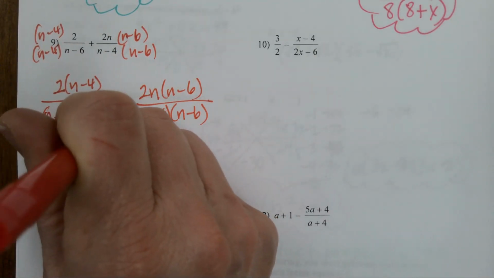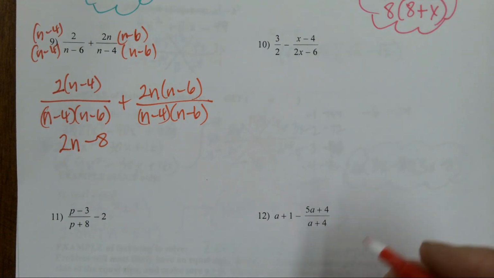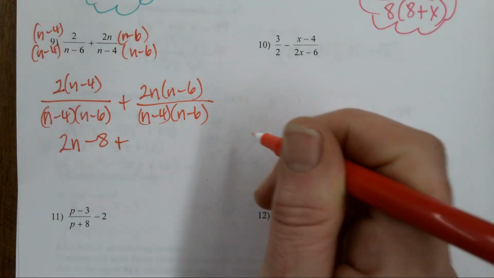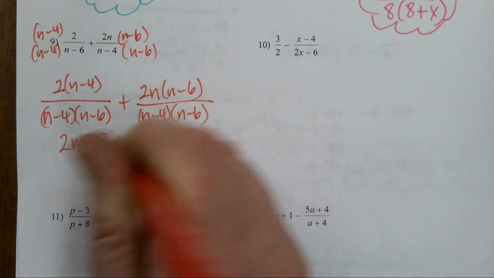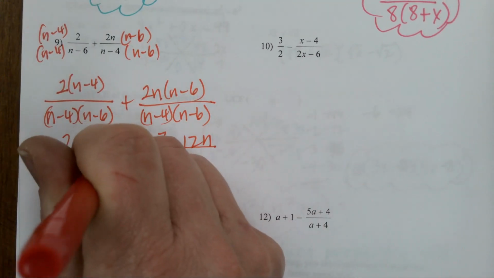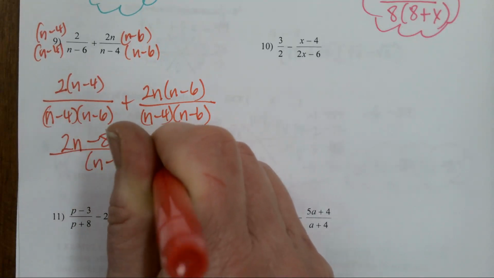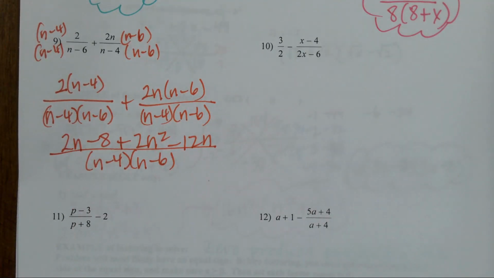2n minus 8 plus 2n squared minus 12n all over my common denominator, n minus 4, n minus 6. Then I'll move my stuff around.